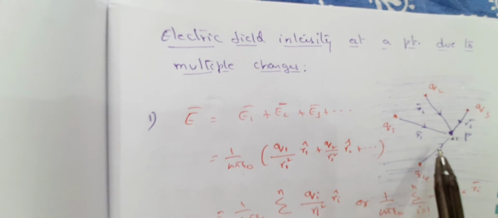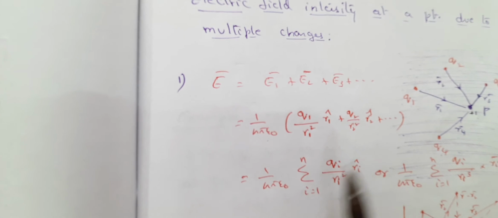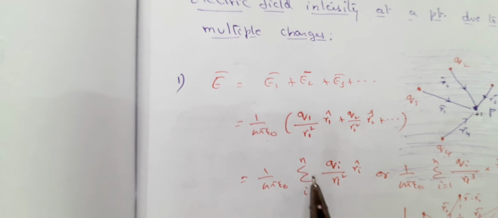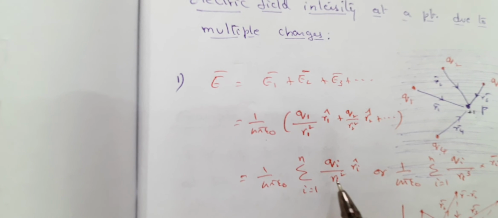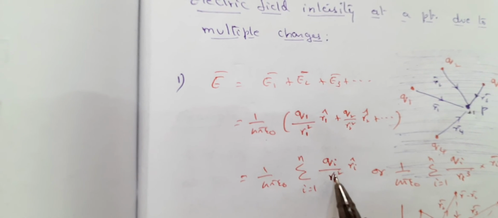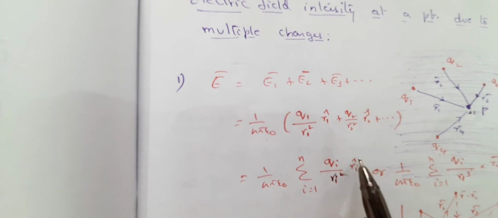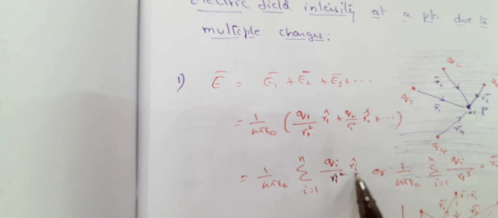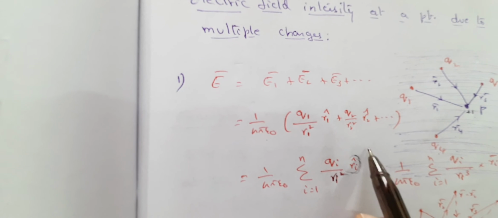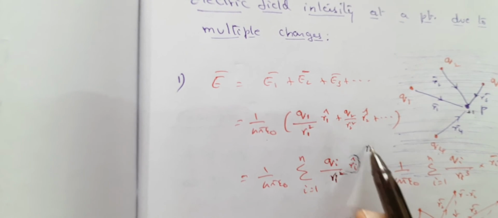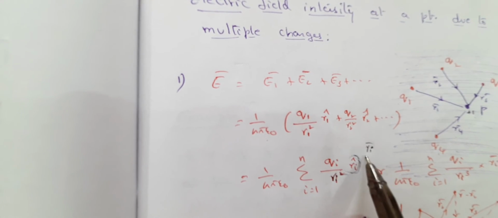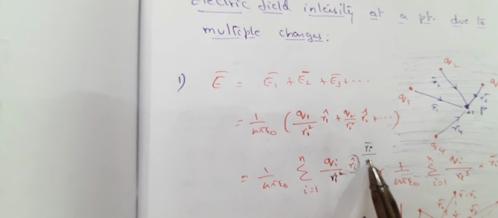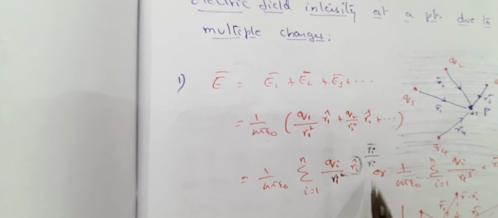Right. And now the same can be written as a summation. So sigma i equals 1 to n, Qi by Ri square into Ri cap. Or in place of Ri cap, if I write it as Ri bar by modulus of Ri bar, that is Ri, then Ri into Ri square will become Ri cube.